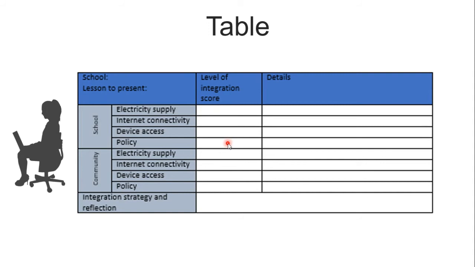Then you also need to score the electricity supply in the community around the school, the internet connectivity, the device access of the community, and the policy. Right, so policy here does not fit. I think I've deleted it in the table in the template, so I just need to make sure, because there's no policy in a community.